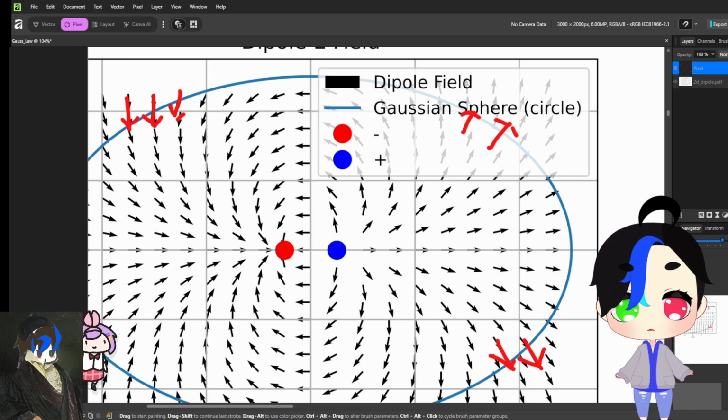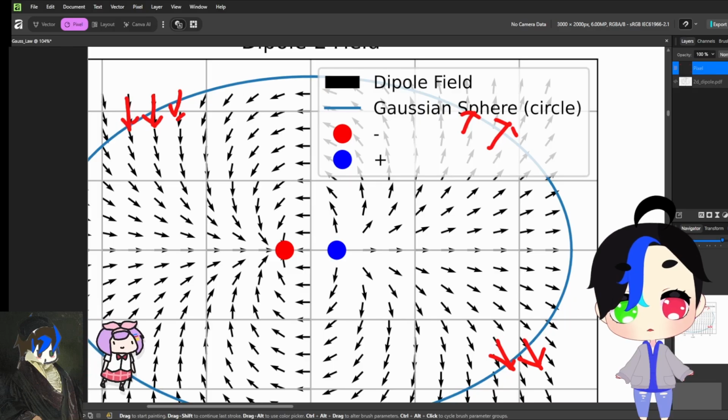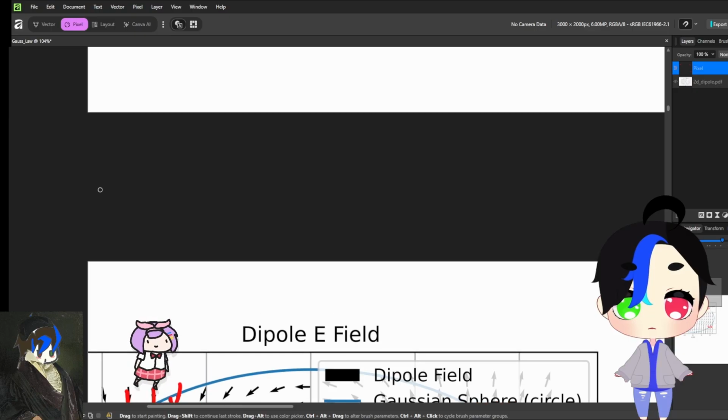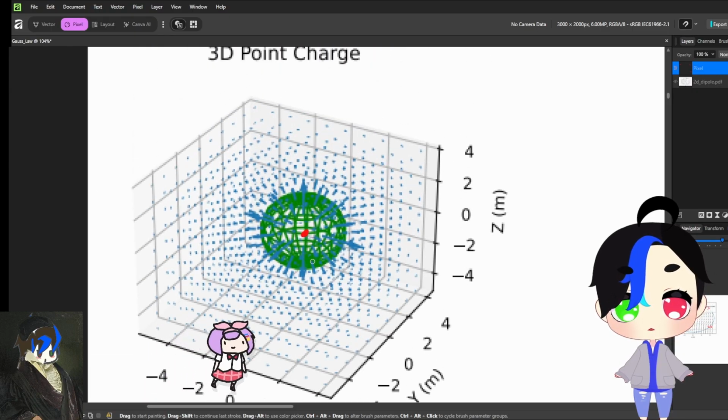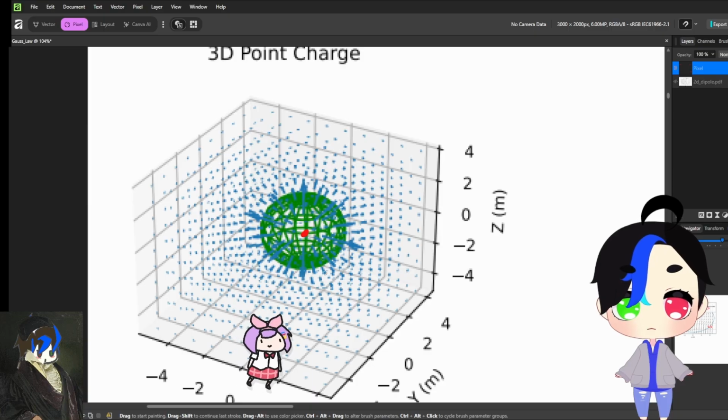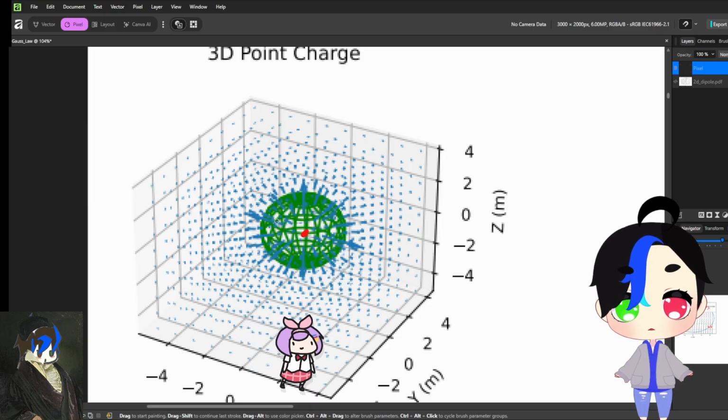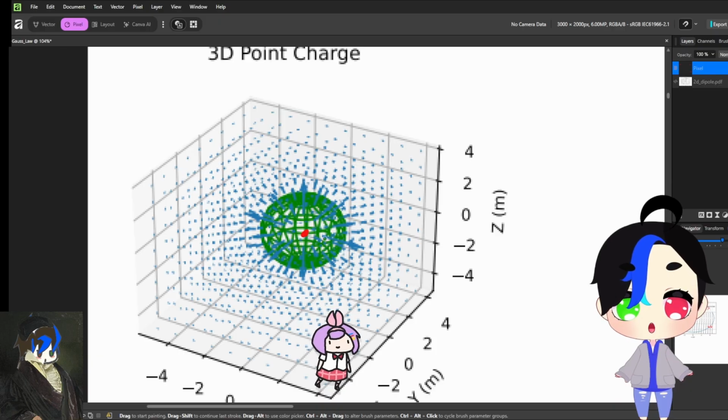Now you might notice a trend with these two situations. Up here, if you calculated the flux over this sphere, you'll notice that, like I said, this integral ends up being non-zero, and I'll do this integral in a second.